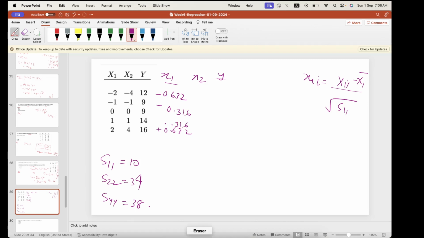Sorry, this one here is plus 0.316, sorry, this is minus 0.316. This is 0 minus 0 will be 0 and this is plus 0.316.